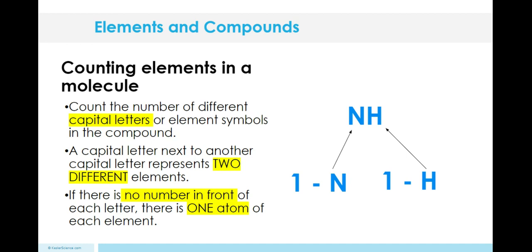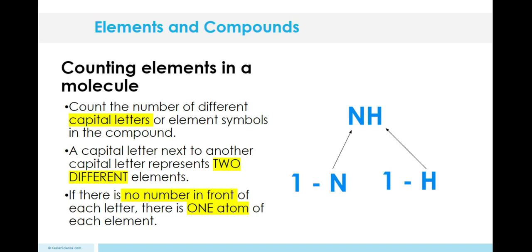When we are looking at our chemical formulas, in order to know how many of each atom or element are present, we have to look at the numbers, or even the absence of numbers, that are there. Counting the number of different capital letters tells us how many different elements are in that formula. For example, NH.